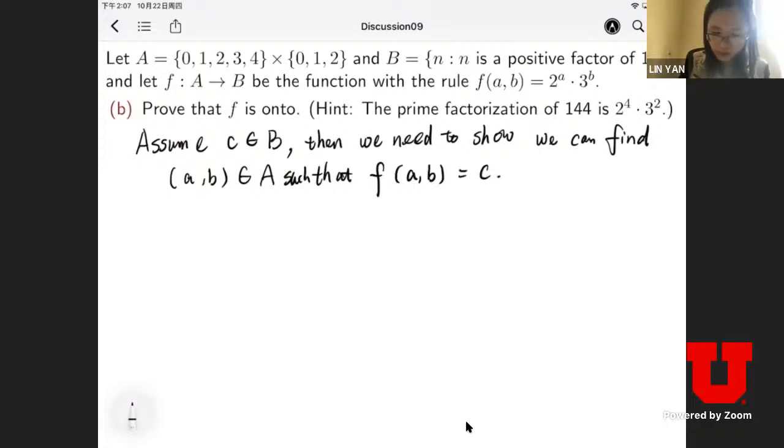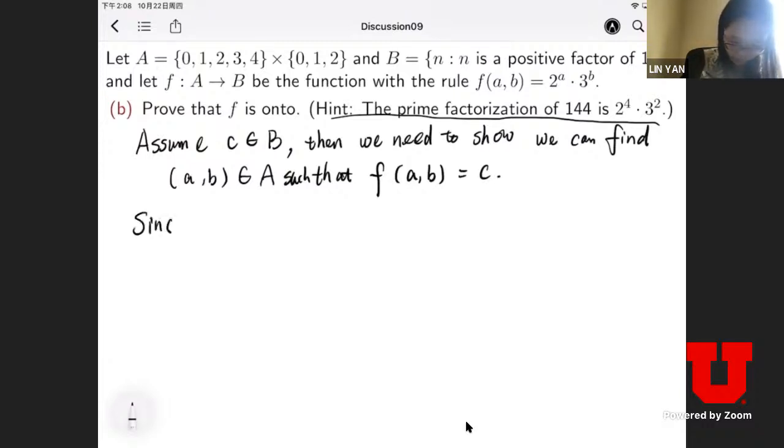So this sentence is the main idea to prove that the function is onto. There is a hint that the prime factorization of 144 is equal to 2 to the power 4 times 3 to the power 2.